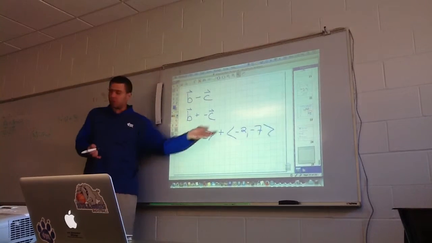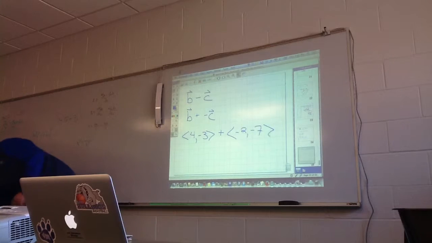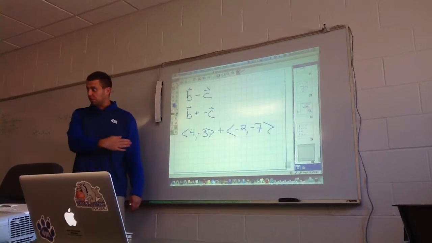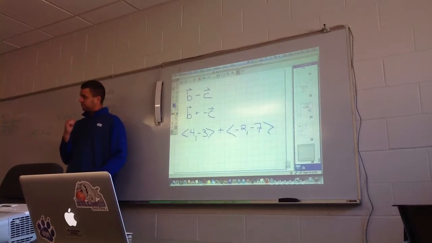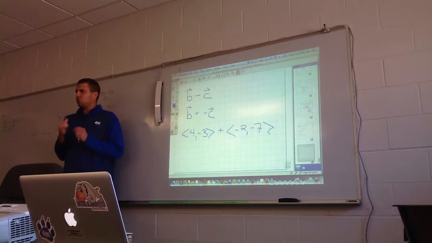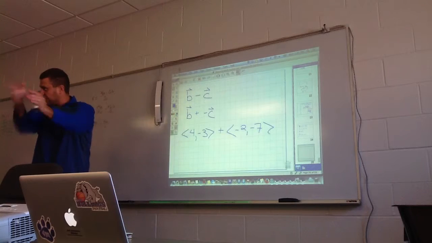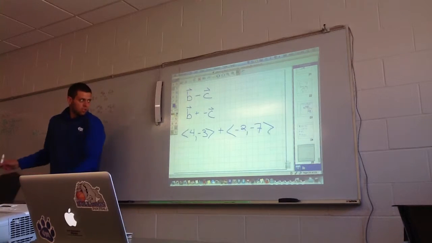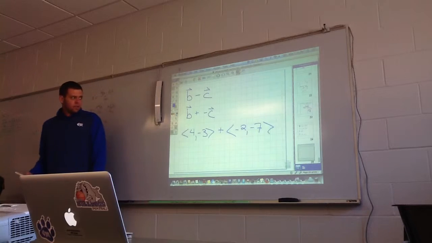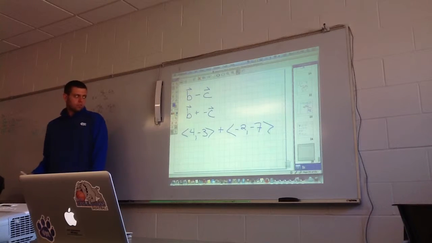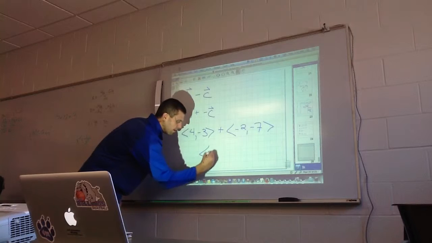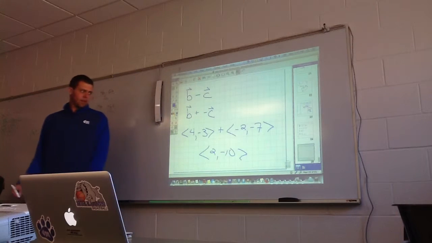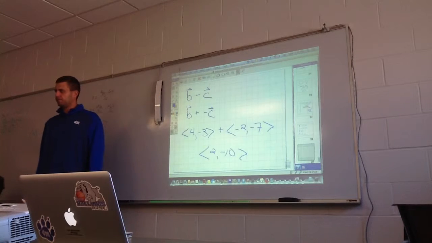Subtraction still works with ordered pairs, but if we apply this force and then subtract that force, it doesn't mean you take it away, it just means it's going in the exact opposite direction. What would our answer be? 2, -10.